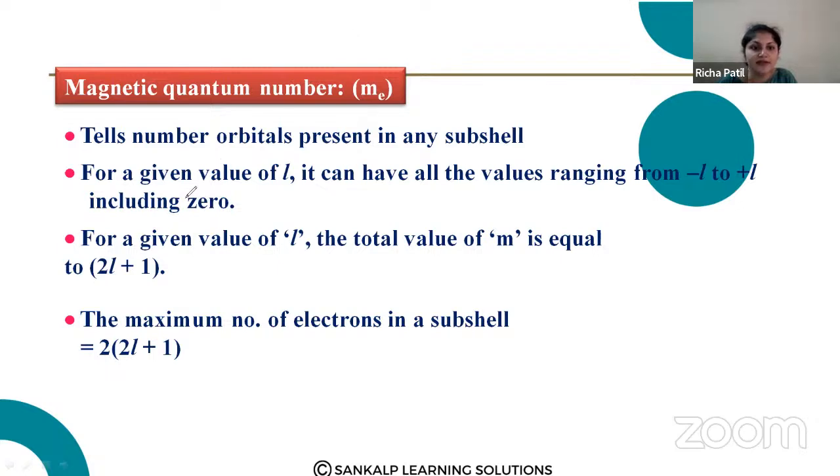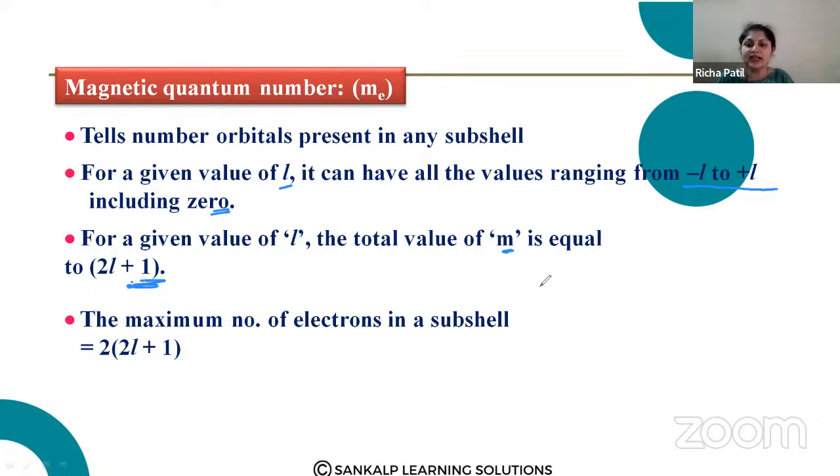For a given value of L, it will have values from minus L to plus L, including 0. For a given L, the total number of values of m is equal to 2L plus 1. The maximum number of electrons in a subshell is given by 2 into 2L plus 1.